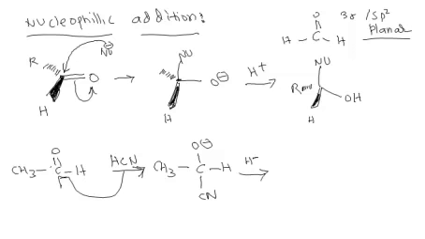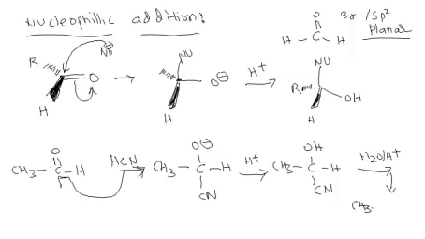and next by using H plus it can be converted into OH, H CN, and next on hydrolysis, that cyanide group can be converted into COOH. So here I am writing CH3CH(OH)COOH.